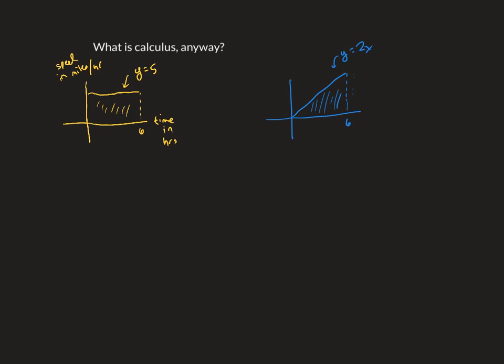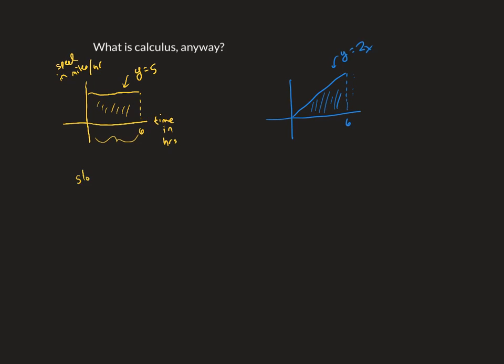Now that this has context, this graph tells a story. And if you look at the line itself, it's saying that the y values, which are speed, is always 5. So this thing is traveling at 5 miles an hour at a constant speed. And it's doing that for 6 hours. Now, if we go back and talk about the slope, which you said, hey, that's really easy, and the area, which you also said is really easy, those now have meaning.